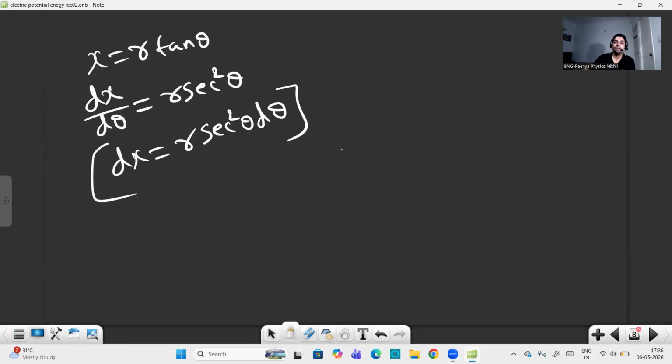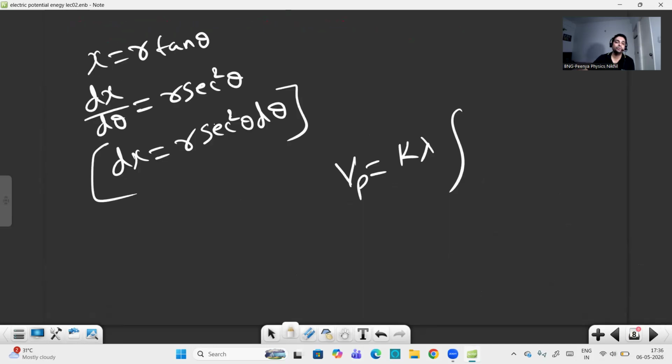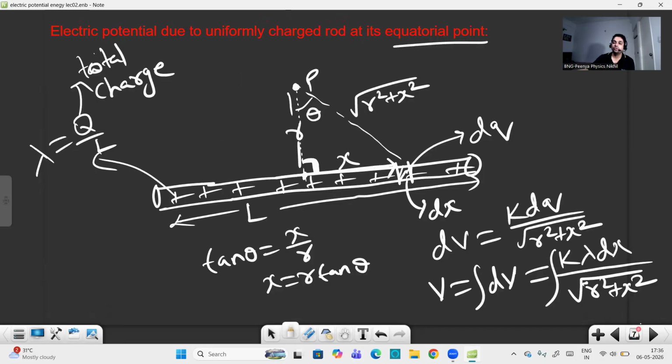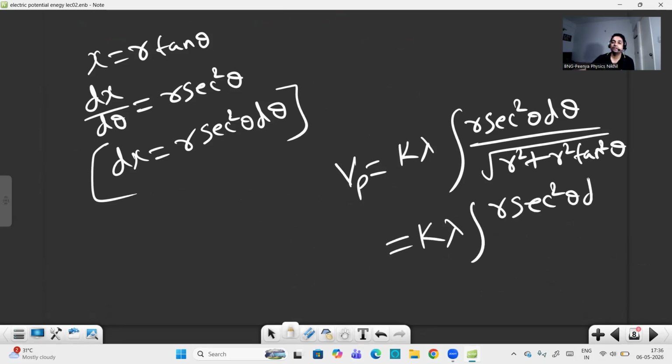So k lambda we will keep outside, V at P. k lambda is outside, integration of dx value, we will put r secant square theta d theta divided by root under r square, and x value is r tan theta, so we'll write r square tan square theta.